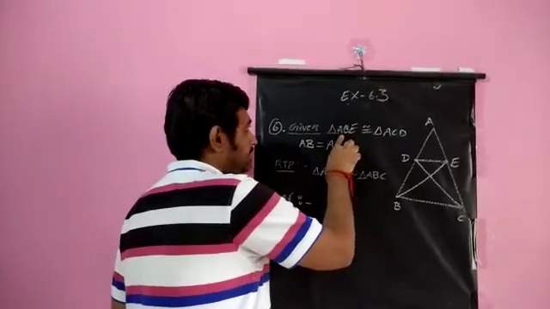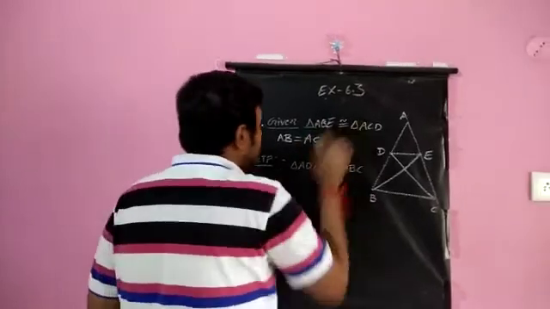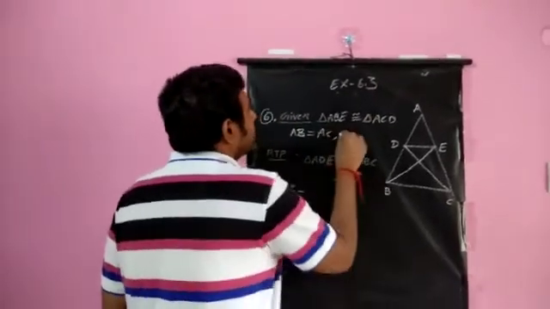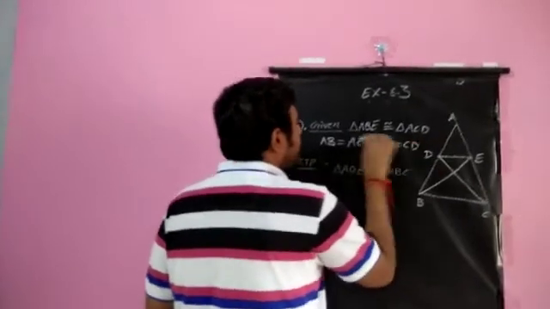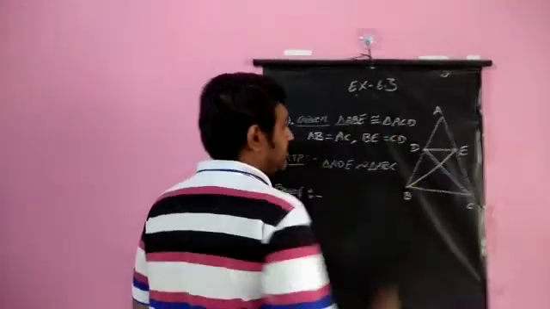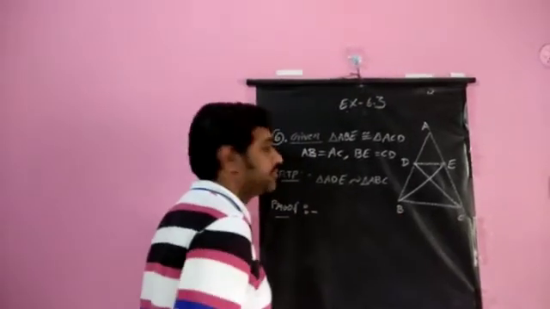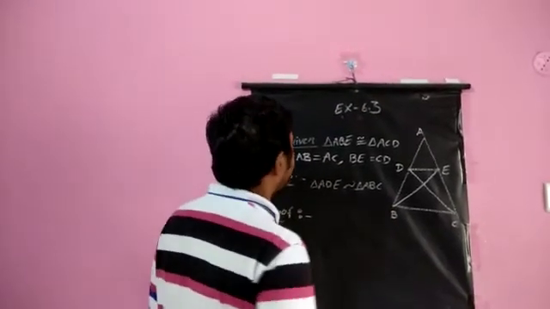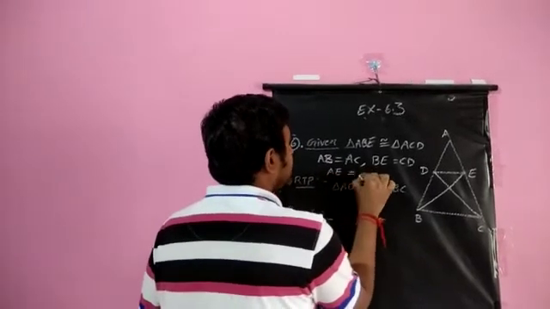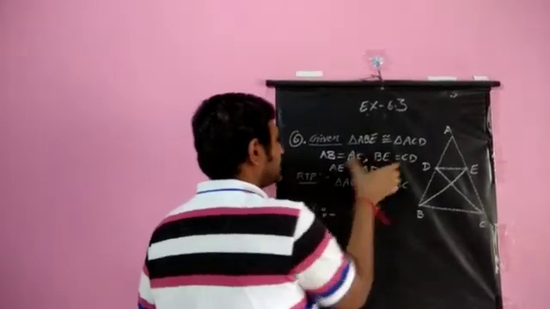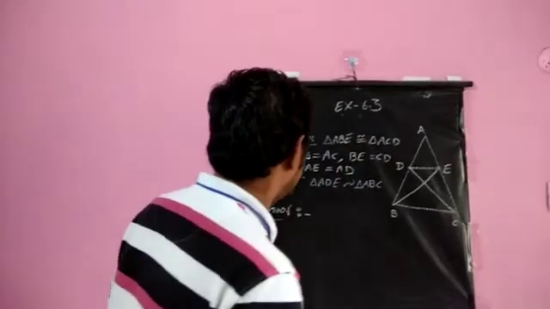In this triangle, side AB is equal to, in this triangle, side AC. Similarly, BE is equal to CD. You can draw the two triangles separately here, and when you compare, you will get AE is equal to AD. These are the corresponding sides of these two congruent triangles which are equal.